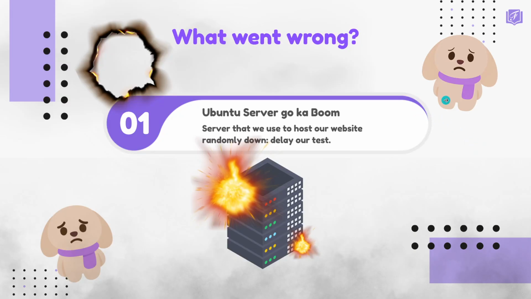So what went wrong? The thing that went quite badly, well, not that bad because it was an easy fix, is that we deployed our website, both front end and back end, on my own laptop running an Ubuntu server.